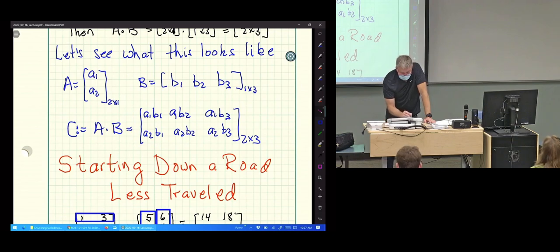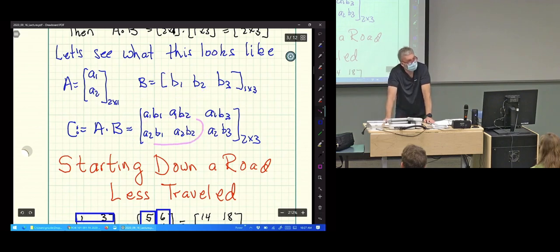And so I take A1 times B1, A1 times B2, and then for this one, it's A2 times B1 and A2 times B2. So that's how you multiply columns times rows for 2 by 2.